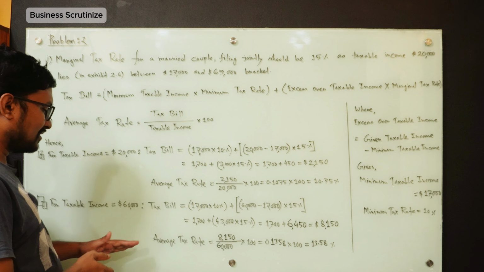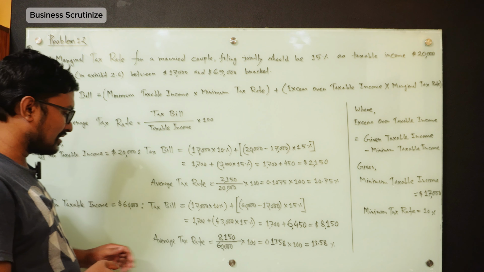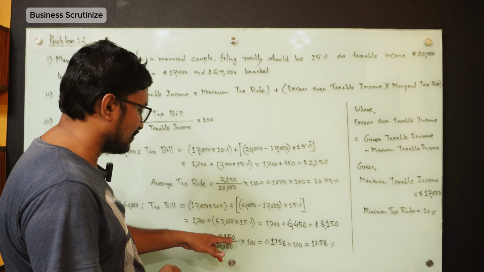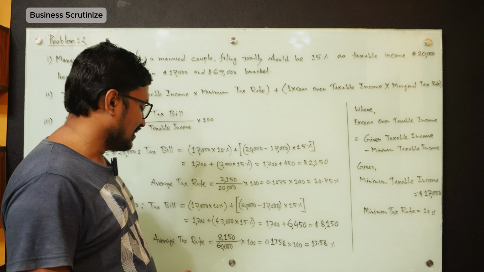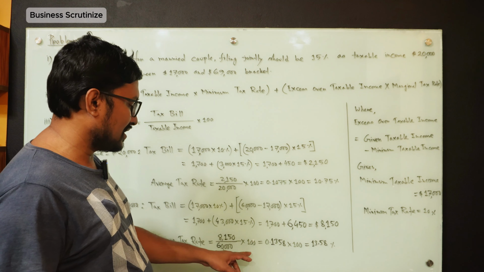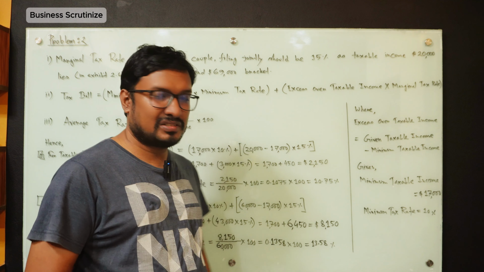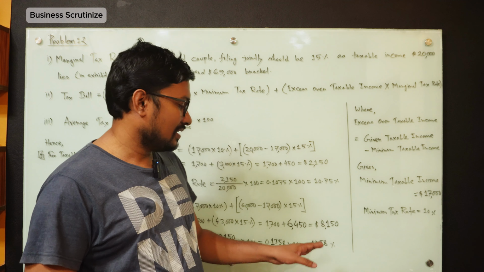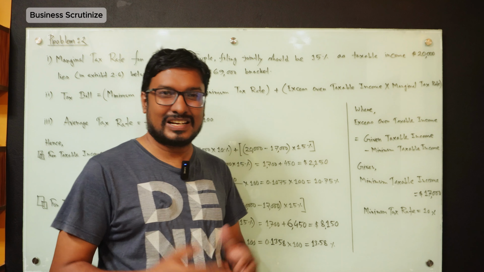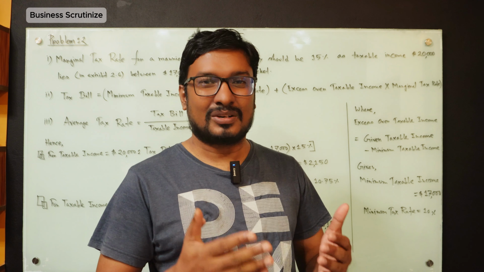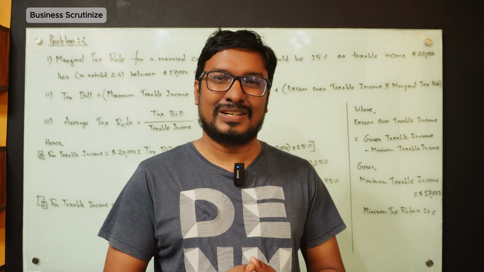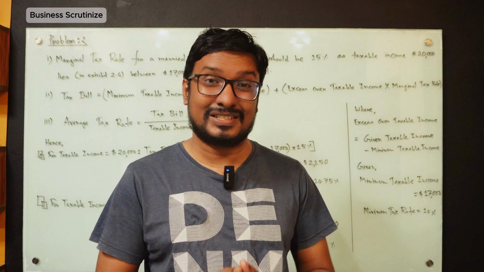And finally, the average tax rate for taxable income of 60,000. Here you can see the tax bill we computed divided by 60,000 as the given taxable income, times 100. It is 0.1358, meaning 13.58% is the average tax rate when the tax bill is 8,150 and the taxable income is 60,000.